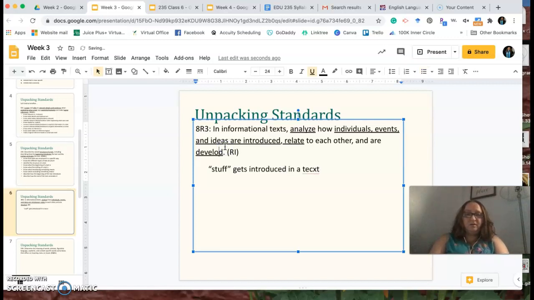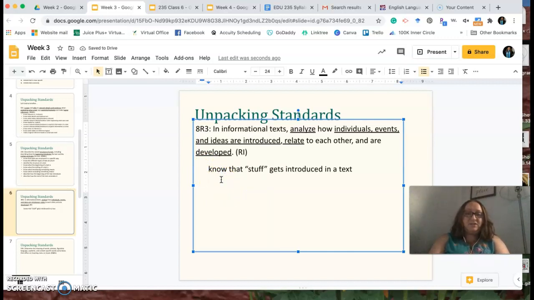They have to know that events don't just start happening. Something gets introduced, right? And I'm very formal saying stuff, but whatever. I don't want to type out all 3. So they have to know that stuff gets introduced in the text.